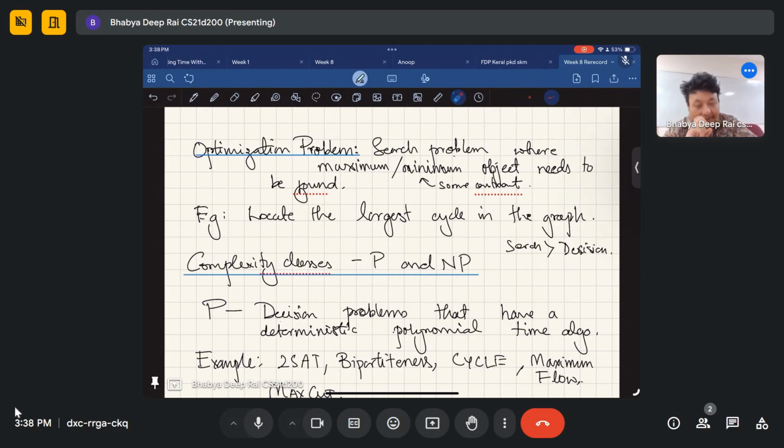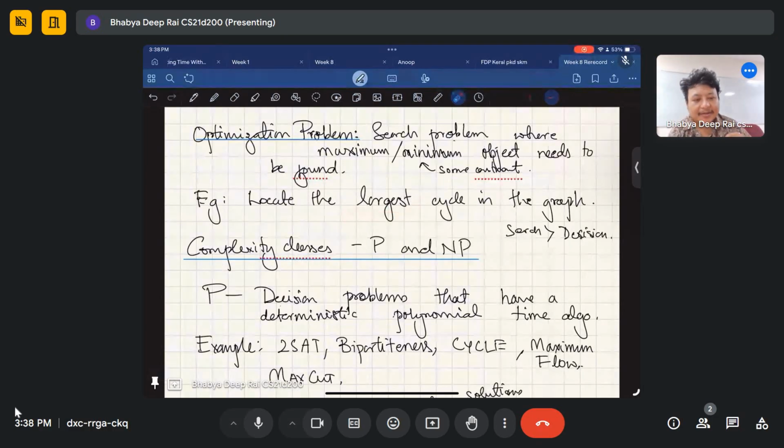Finding the maximum value in a knapsack problem, that is an optimization problem, and so on. An example is: locate the largest cycle in the graph. Previously it was just locate the cycle. Now we want the largest cycle.